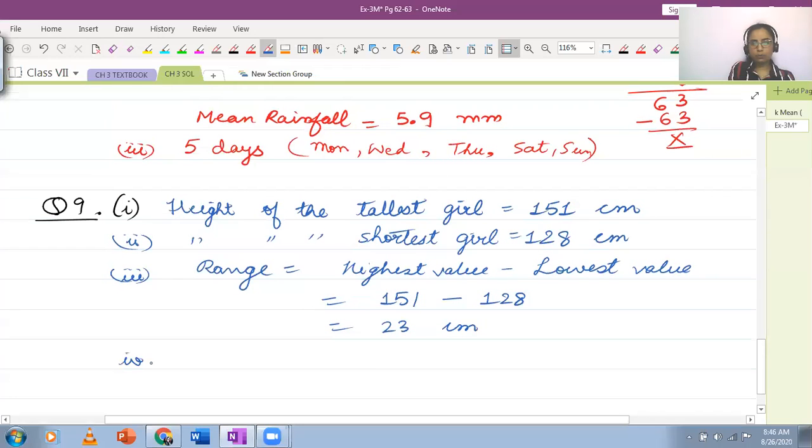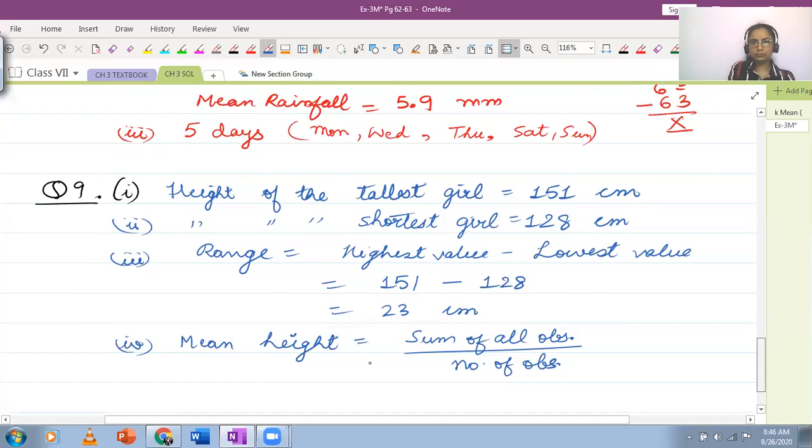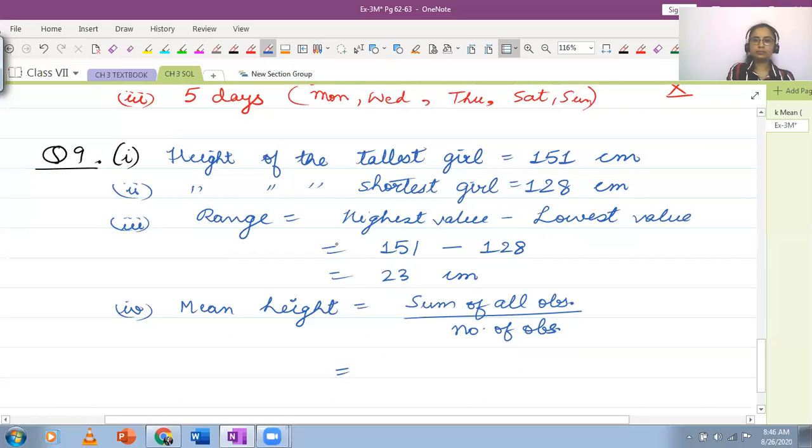And then fourth part is to find out the mean height. So we have 135 plus 150 plus 139, 128, 151.